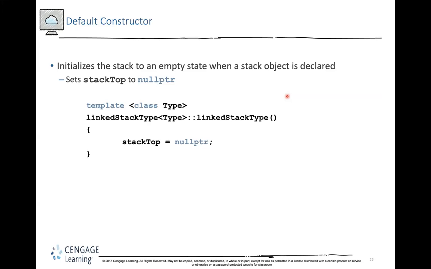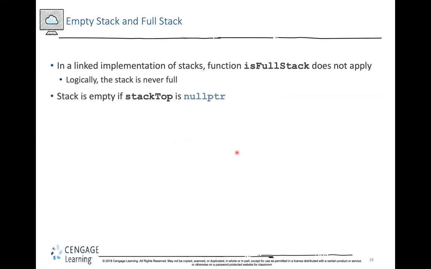In the default constructor, we just initialize stack top as the null pointer. And the empty stack condition is that if stack top is null pointer, then it's empty. Since it's a linked list, the stack cannot be full.